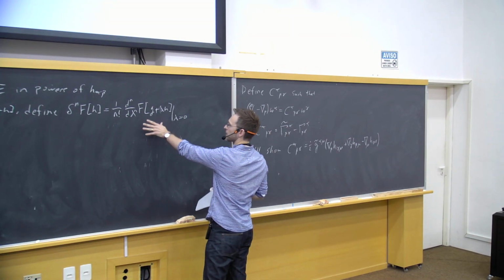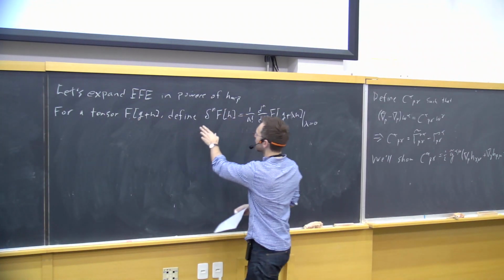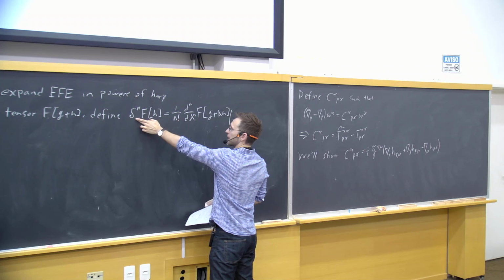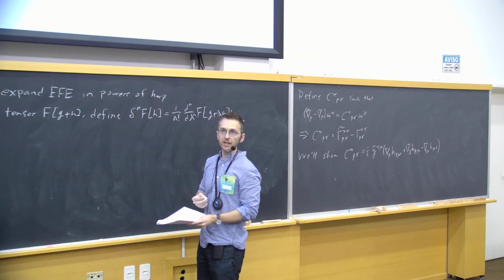So all this notation means is that if I have some quantity involving g plus h, the nth variation is just the piece of that quantity that has n powers of h in it.